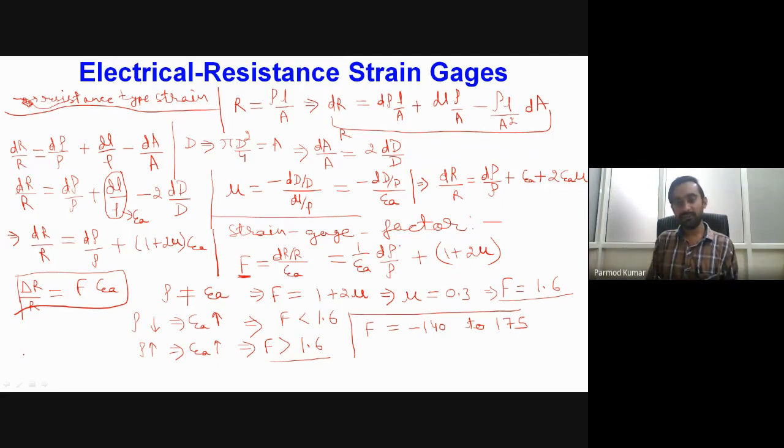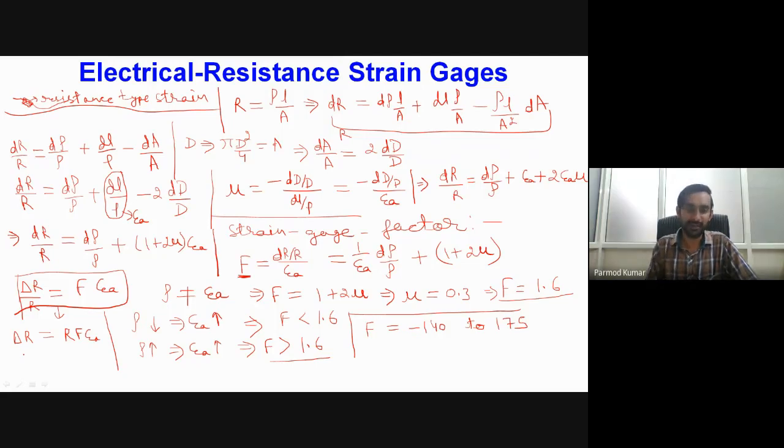Apart from that, one important point I would like to highlight: you have come to know from this relation that delta R, the change in resistance, is nothing but equal to R F into epsilon A. So our change in resistance is directly proportional to the value of strain factor F. If our value of F is large, then for the same amount of strain we will have a large change of resistance.